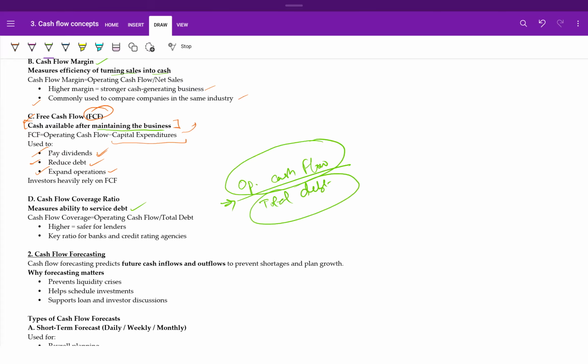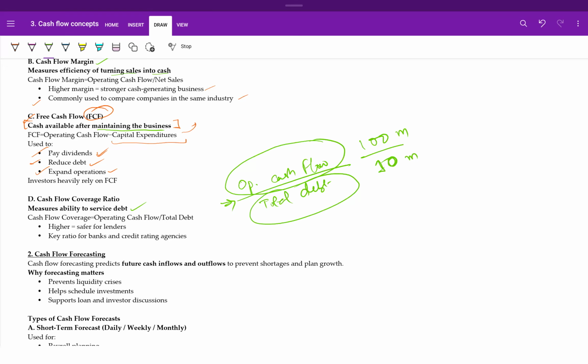This basically means that if our operating cash flow is 100 million and 10 million was our debt, this means how much per dollar of debt we are able to generate in our operating cash flows. So this is actually an indicator of business efficiency.